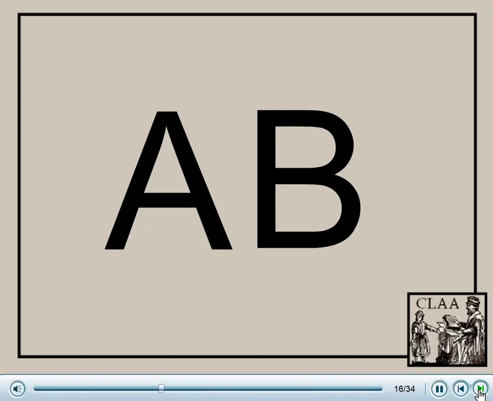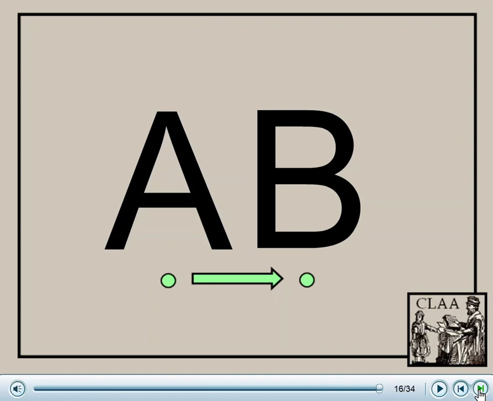First, we make the sound of the first letter, A, and then we make the sound of the second letter, B. Point to the green dot under the vowel A. Now, make the sound of the letter A. Ah. Slide your finger along the arrow and finish with the sound of the letter B. B.